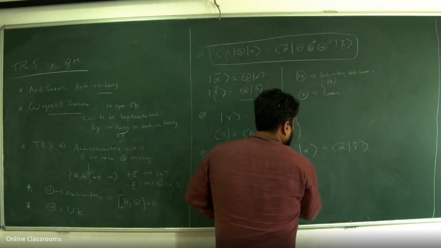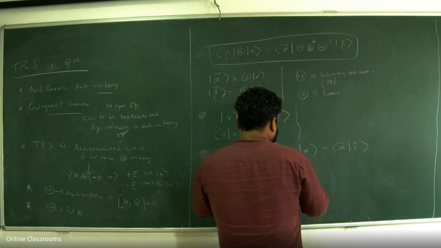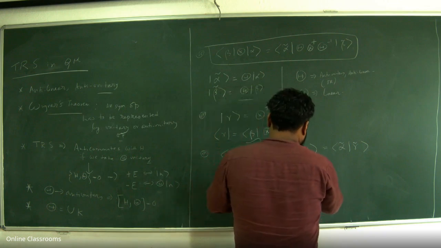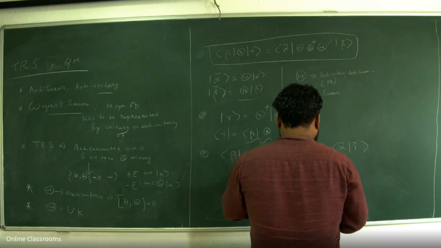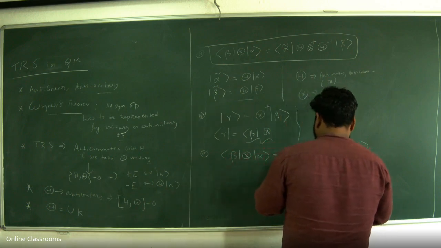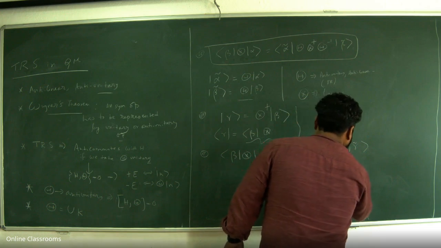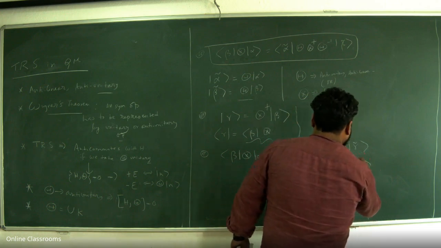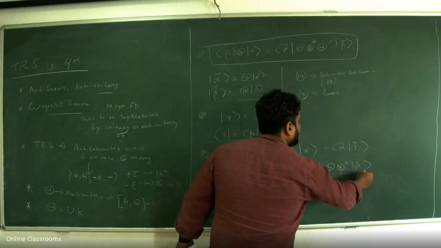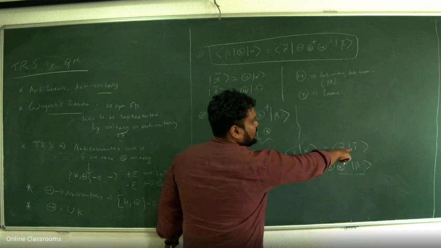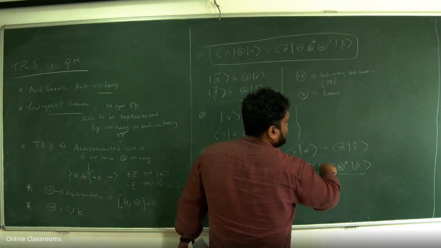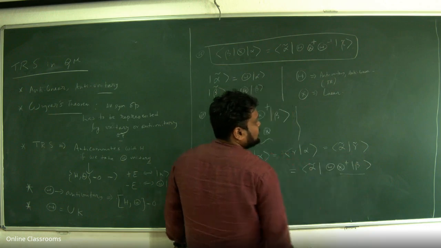So now I can introduce alpha. Now gamma tilde is theta times gamma, which is theta times theta dagger beta, and gamma tilde is time reversal times this full thing.